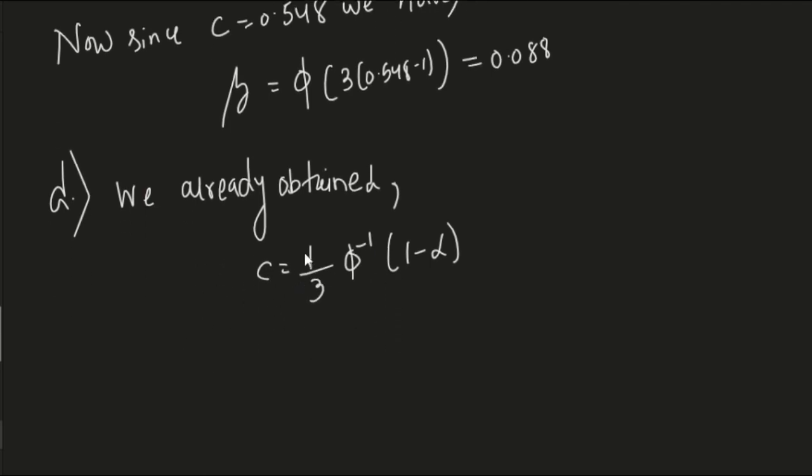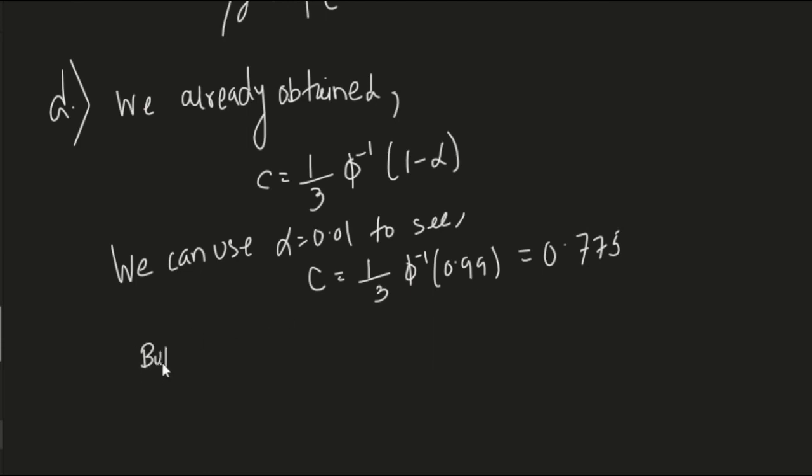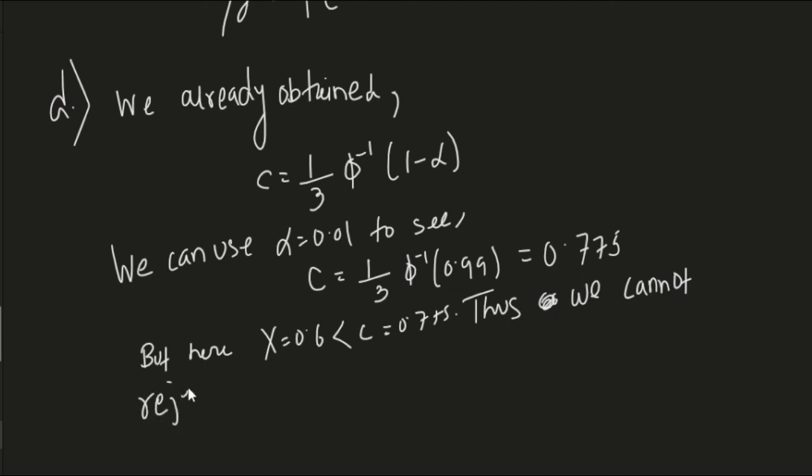Since we have already obtained this previously, we can use it, but here x equals 0.6, which is less than c. Thus, we cannot reject h naught at alpha equals 0.01 if x equals 0.6. So there is not enough evidence to reject that.